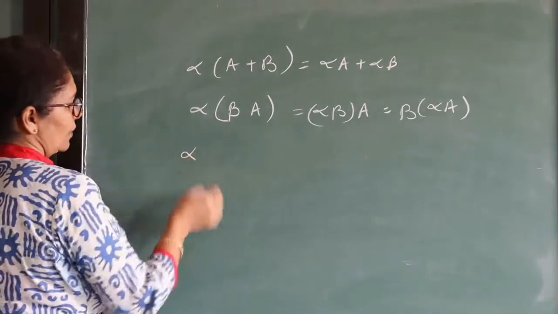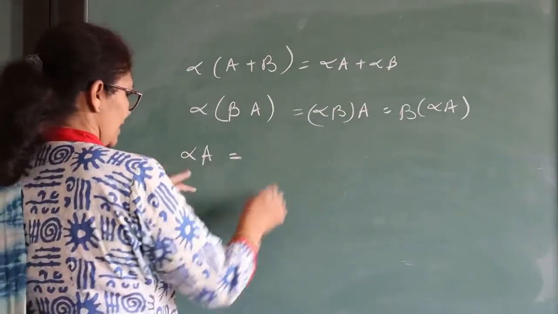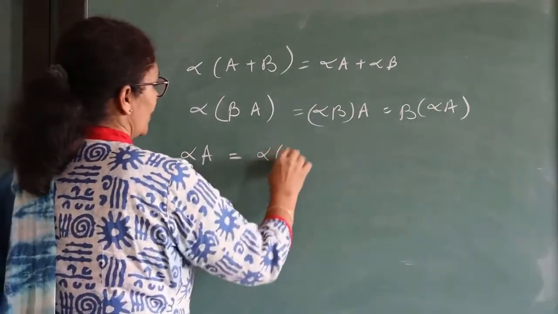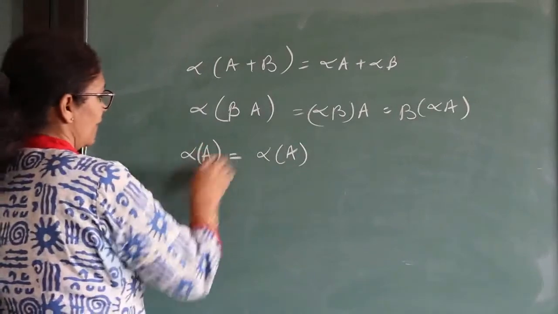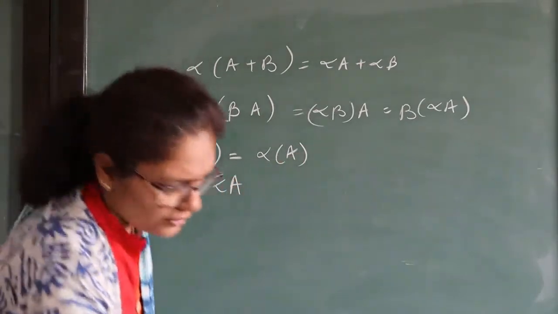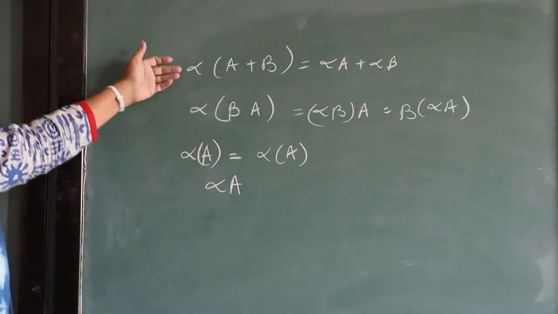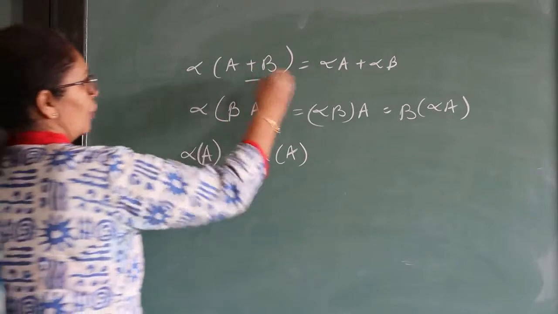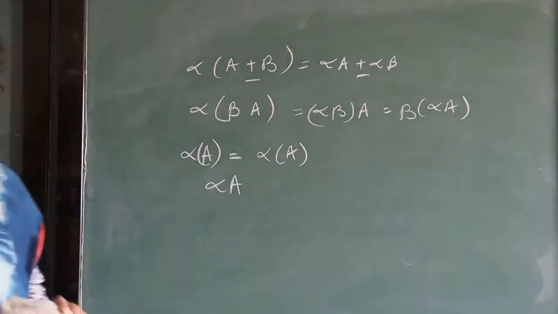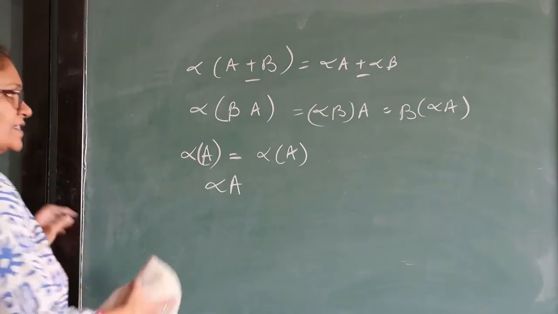Now if you have given alpha into A, then you can make it separate, alpha into A also. So this is the simple thing, that if any constant is multiplied with it, same thing you can follow with subtraction also. So this way we are getting multiplication with scalar.